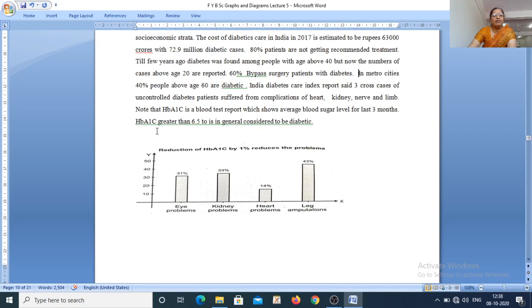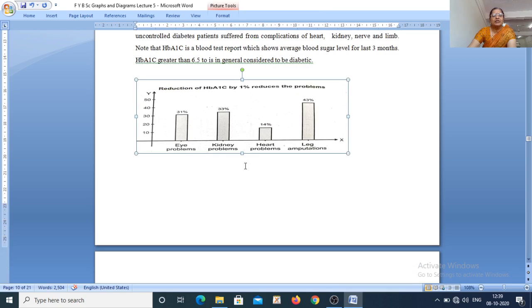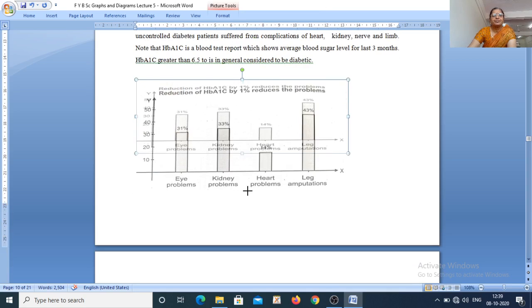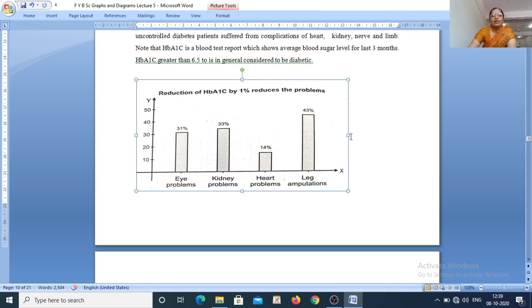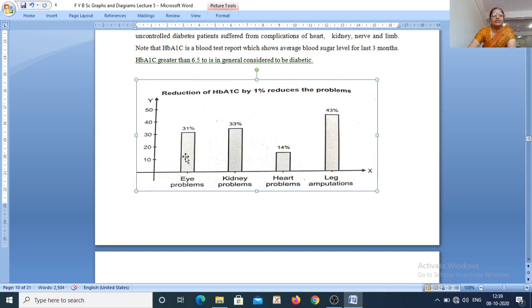If HbA1c is greater than 6.5, then the person is considered diabetic. So this is data in which these are the problems suffered by patients, and a reduction of HbA1c by 1% reduces the problem.